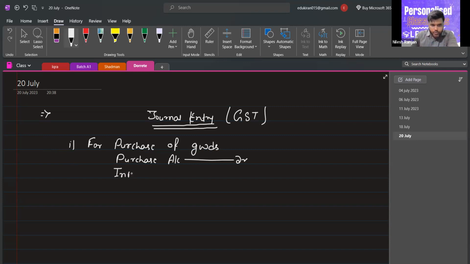Now we have to pay GST, so input GST account. Do you remember when CGST, SGST is applicable and when IGST is applicable?